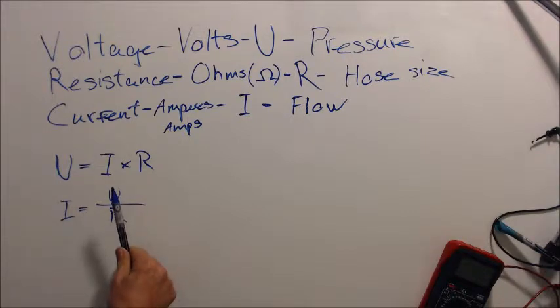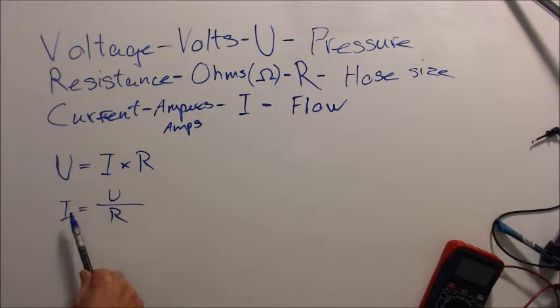If your voltage is of a certain size and your resistance goes lower, you're going to have a higher amperage.